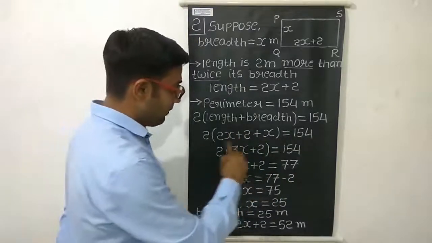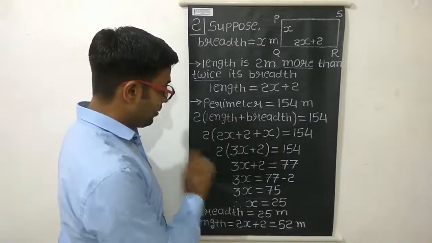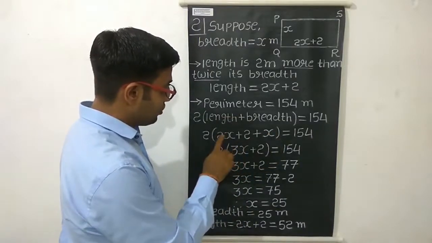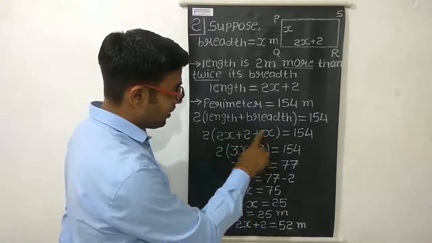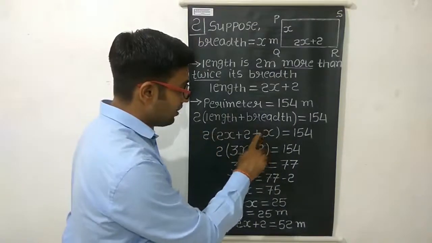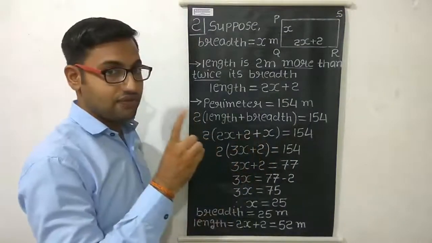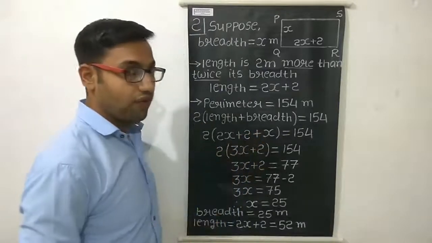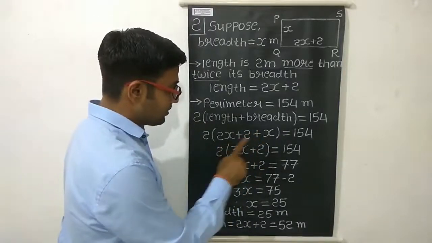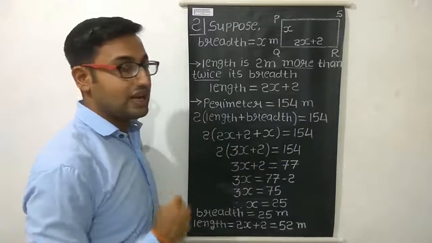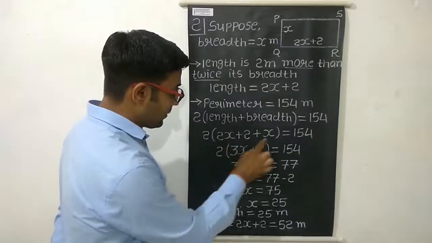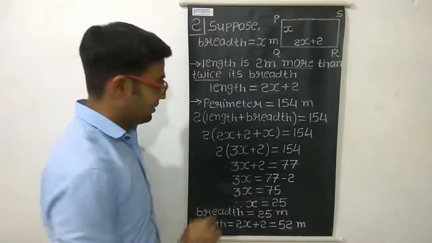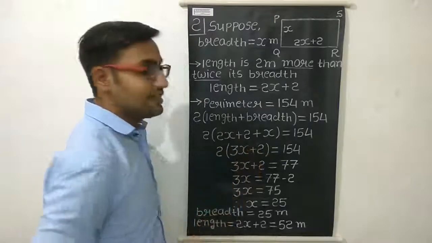Now simplify this bracket. First of all, 2 remains as it is. This is 2 times x and this is 1 times x. If there is nothing before x, then there is a 1 multiplying x. So 2 times x plus 1 times x is 3 times x. So 2x plus x is 3x, and plus 2 remains as it is.